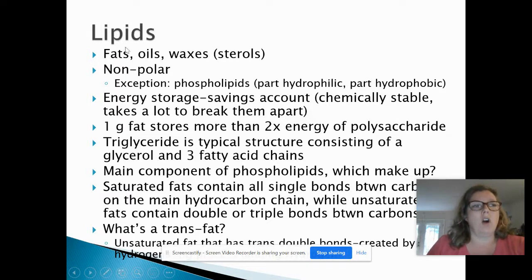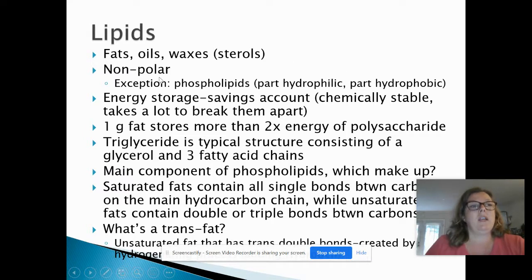This is where we put energy in lipids for long-term storage. This is why fats are so hard to break down. They're chemically very stable, and it takes a lot of energy to break them down, as anybody who's ever tried to lose fat on their frame will tell you. Now, this also includes the oils and waxes. There are a lot of sterols that are lipids, like cholesterol is a sterol.